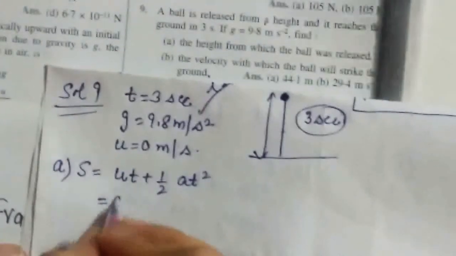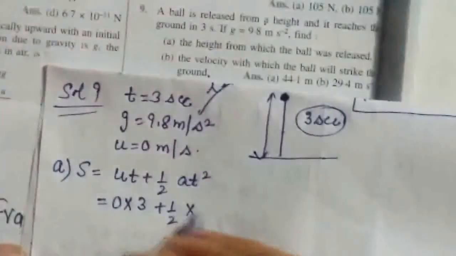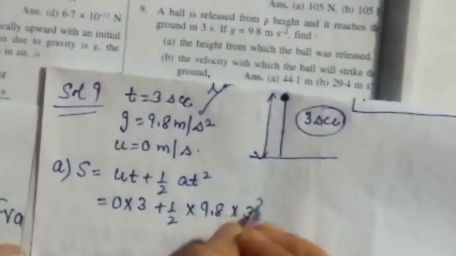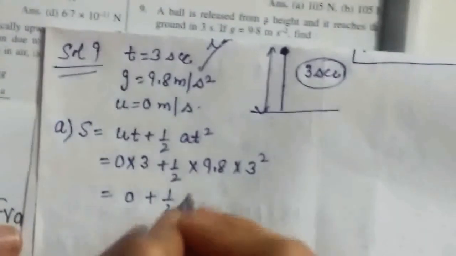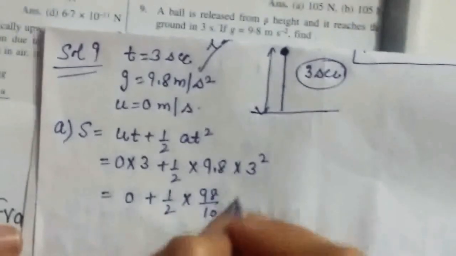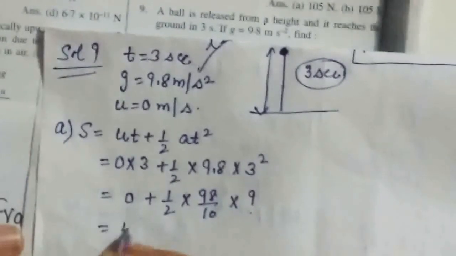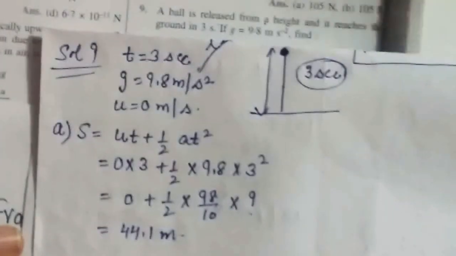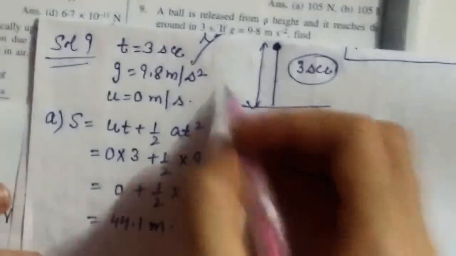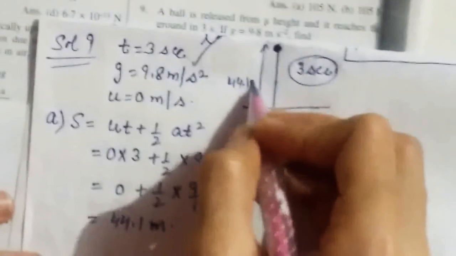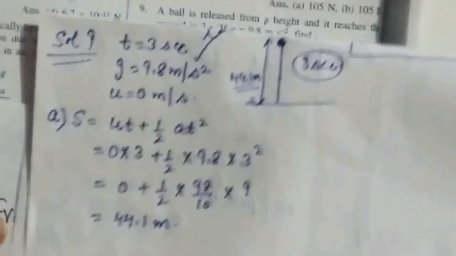So put the value of u, 0 into t is 3 plus half into 9.8 into 3 square. It becomes 0 plus half into 98 divided by 10 into 9. After solving this, you will get 44.1 meter height. So the height from which ball was released is 44.1 meter.